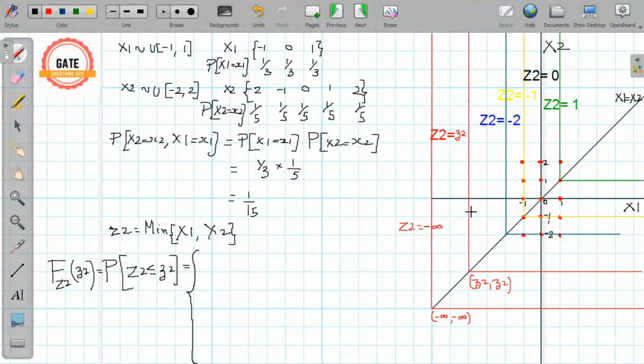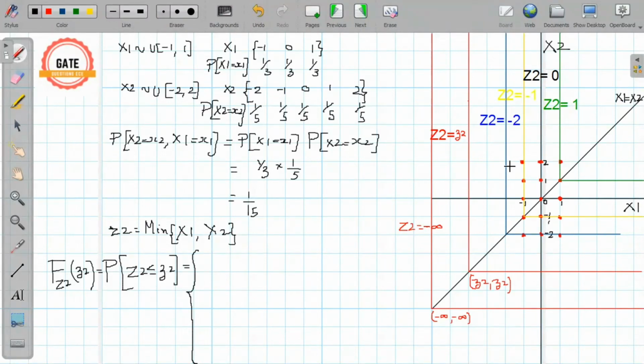If we still move this boundary up to this point where Z2 is minus 2, this blue boundary is the Z2 equals minus 2 boundary. Until we reach this particular boundary, there can never be any point out of these 15 points that will lie to the left or on this boundary.